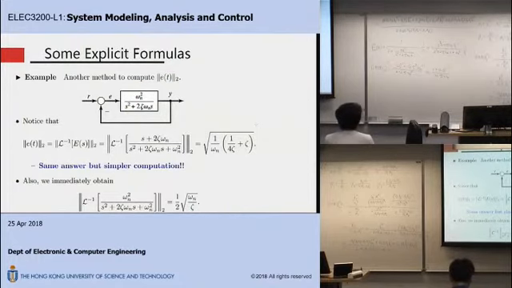I said that I want the 2 norm to be small. So you see that the bigger this omega n is, the smaller e(t) is. It's inversely proportional to the square root of omega n. That's not very interesting.